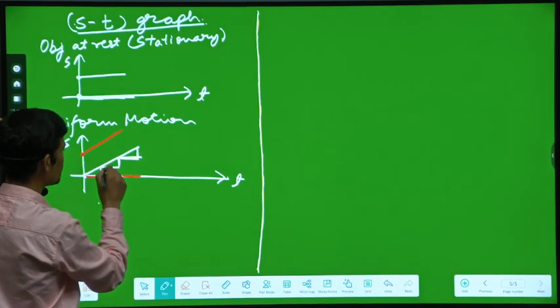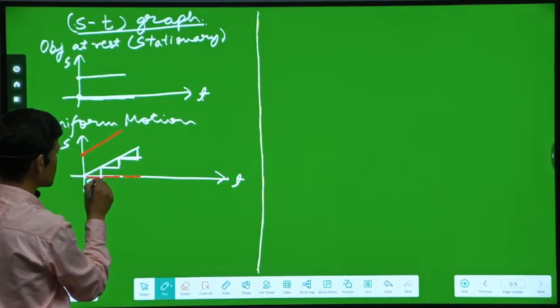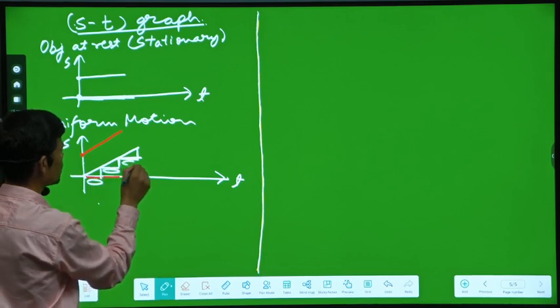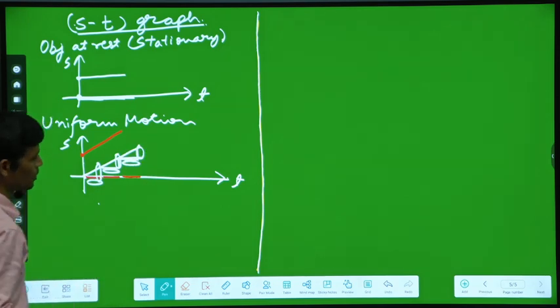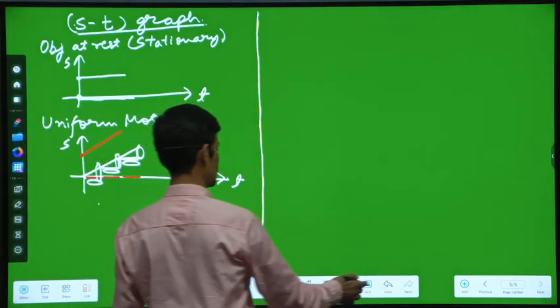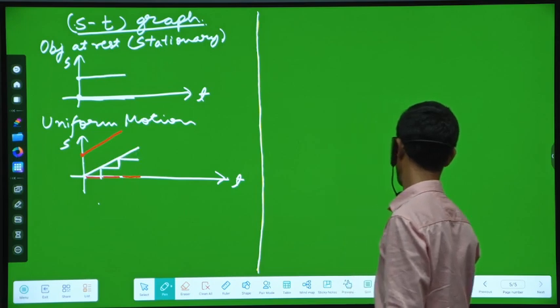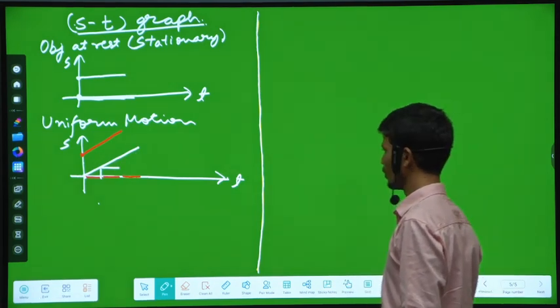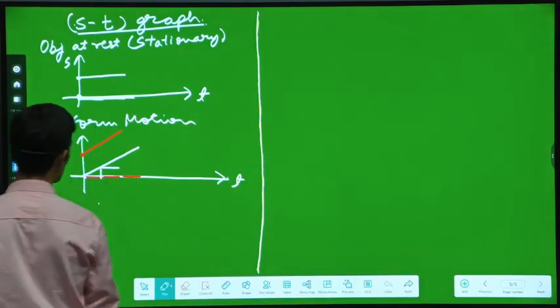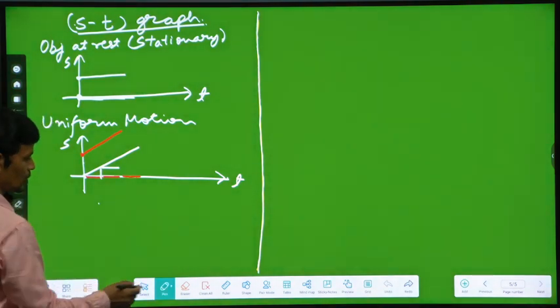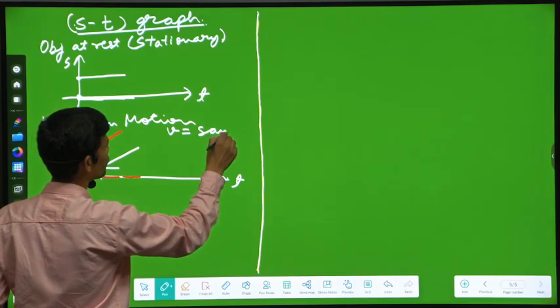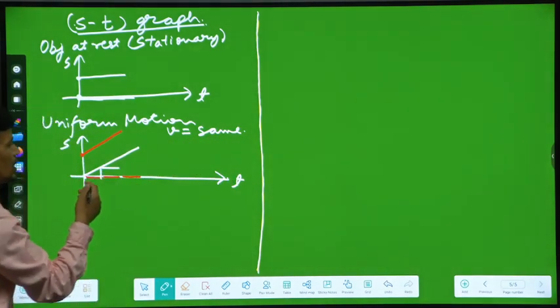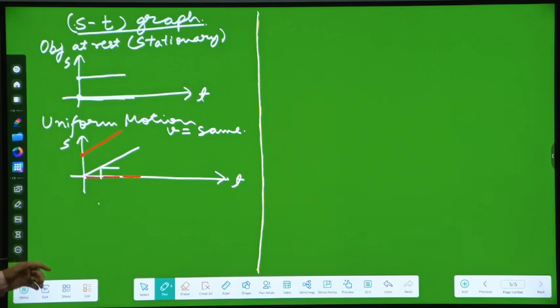So in equal time intervals, the distance traveled or displacement covered is the same, constant. So such type of motion is uniform motion. Here velocity is same, we know, and we can say that at equal time intervals distance traveled is equal, of course.